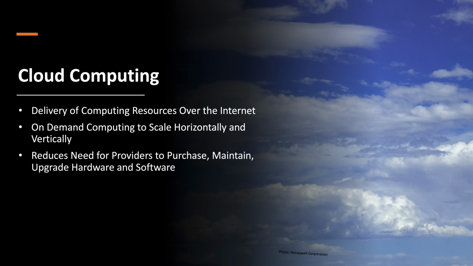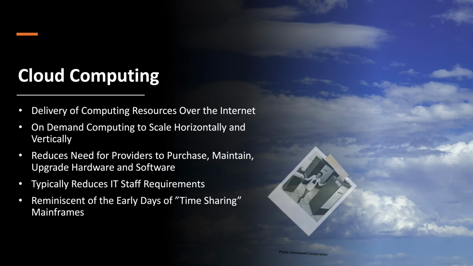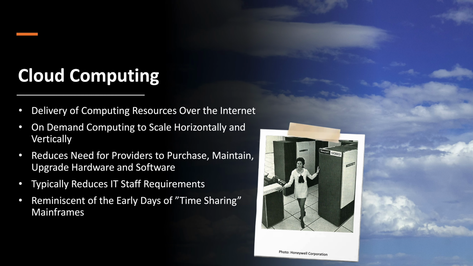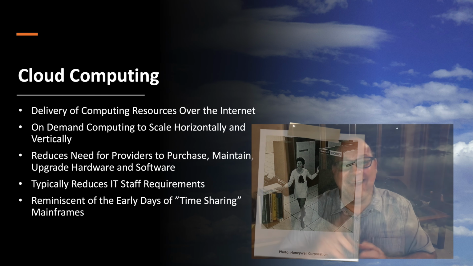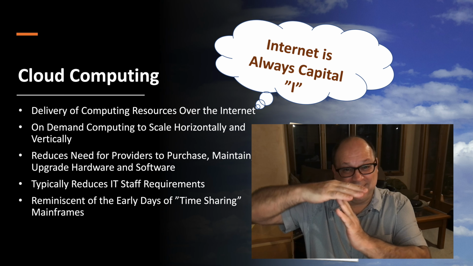Vendor provides these computing resources on your behalf. They purchase the hardware, they maintain it, they upgrade it, they secure it. They also reduce their IT staff. In many ways, this is reminiscent of early computing actually, where we had big mainframes and we did something called time sharing. And by the way, internet is always capital I.